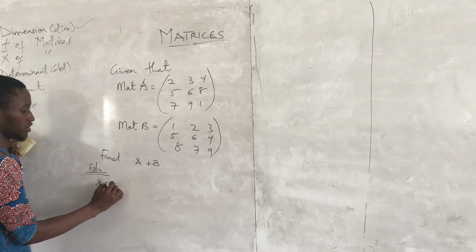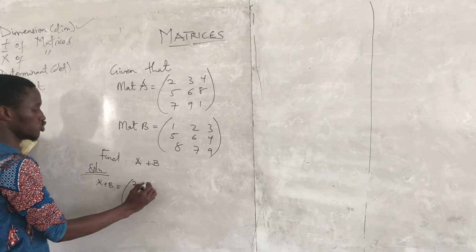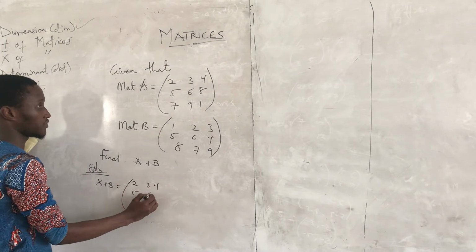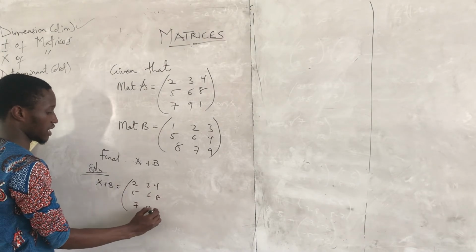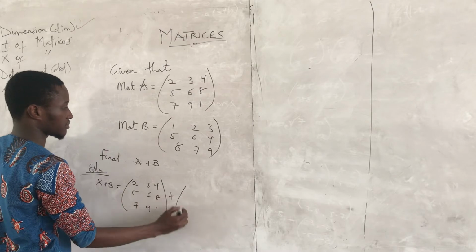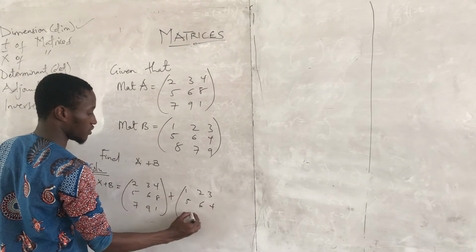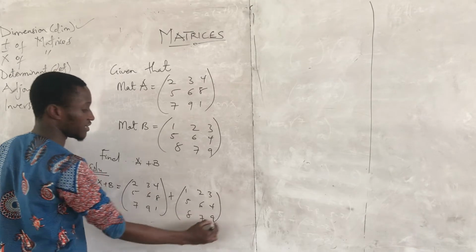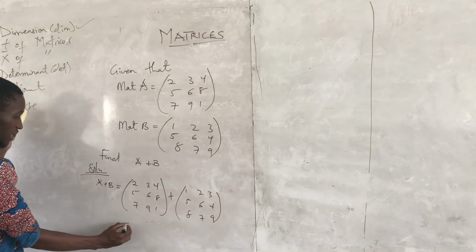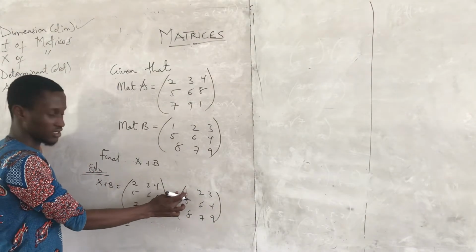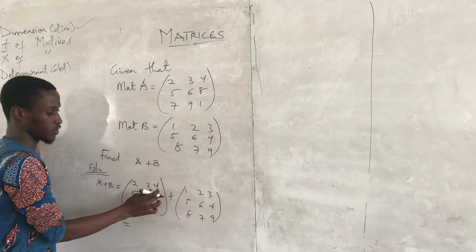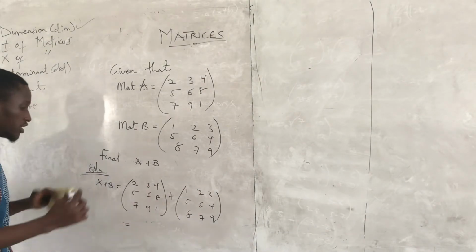A plus B becomes 2, 3, 4, 5, 6, 8, 7, 9, 1 plus 1, 2, 3, 5, 6, 4, 8, 7, and 9. So when I'm adding, this will add to this, this will add to this. You have to know the corresponding entries.